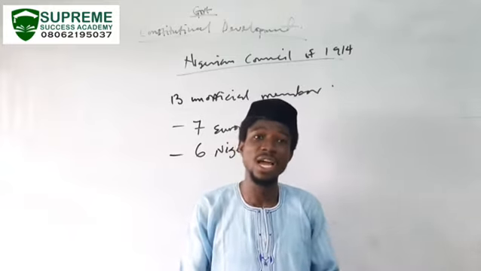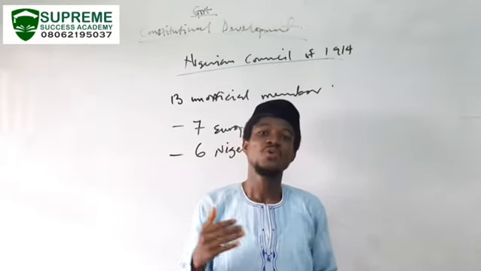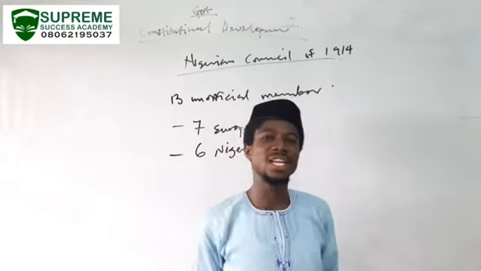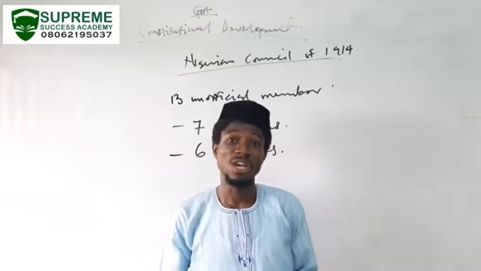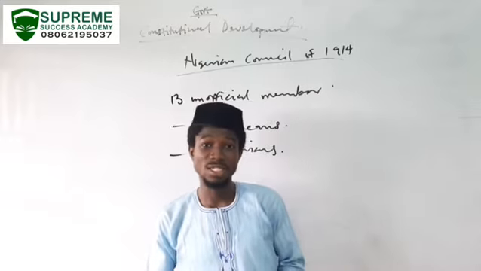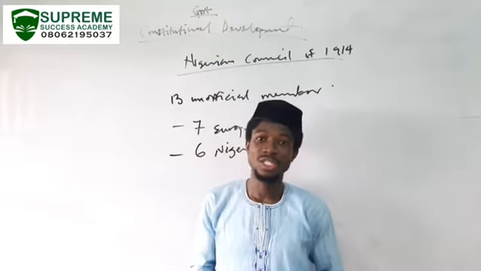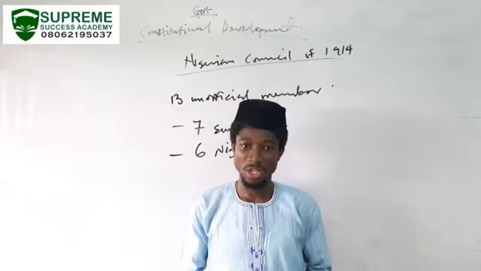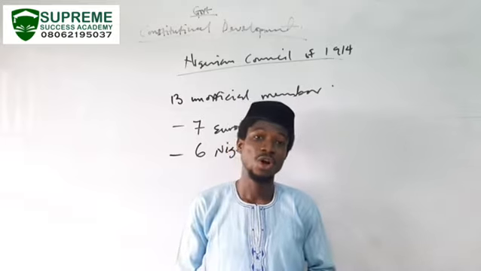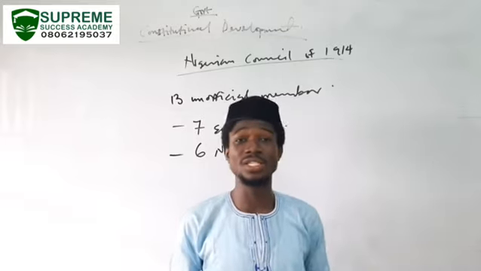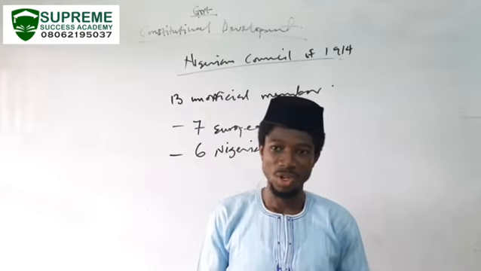That's not fair. So from there came the Clifford Constitution, which came after the Legislative Council of 1914 as a result of the agitation of Nigerians for a more inclusive legislative council and constitution. Watch out for the Clifford Constitution of 1920. We'll discuss it in depth, its advantages, disadvantages, and features.